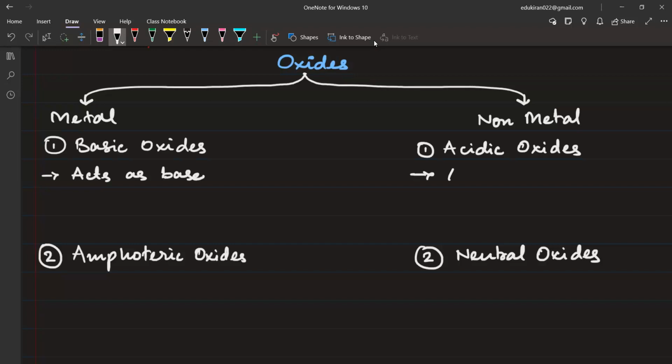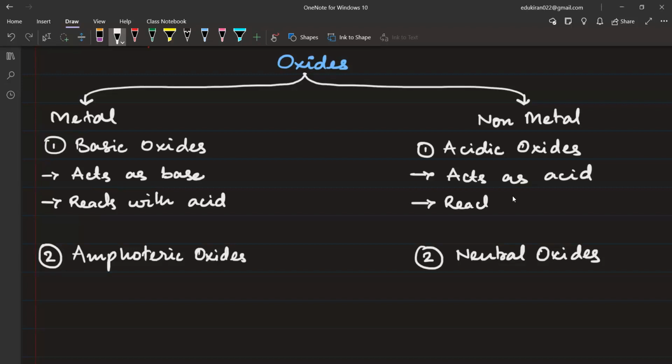And acidic oxides, they are going to act as acid. यानी कि these will react with acids, ये एसिड के साथ रिएक्शन देंगे. And what about acidic oxide? They will react with bases. Is this clear? यस और नो, प्लीज टेल मी. ठीक है. Now next we have amphoteric oxide.